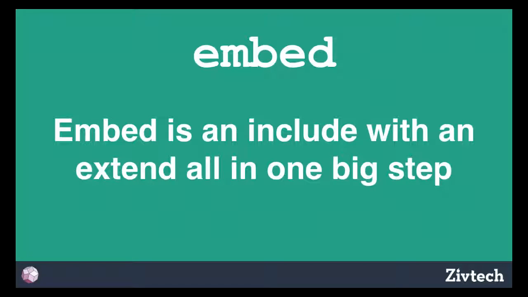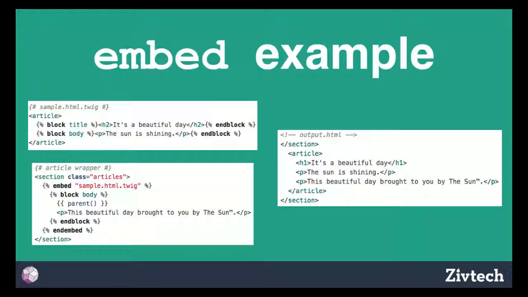Well, embed is what puts those two ideas together. So with embed, you can say, wrap the whole thing with section class equals articles, embed sample.html.twig, and then you can say block body, overwrite this part.